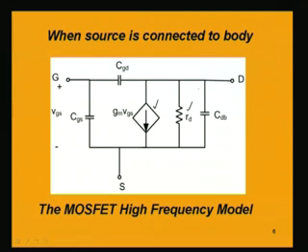Now, we can further simplify by ignoring drain to body capacitance, which is done in some books. So, then we will be having only the 2 capacitances, gate to drain and gate to source.